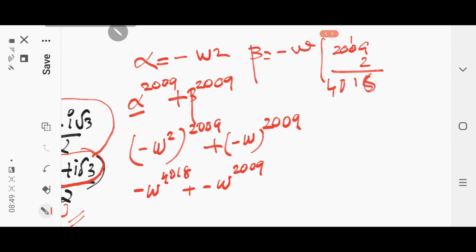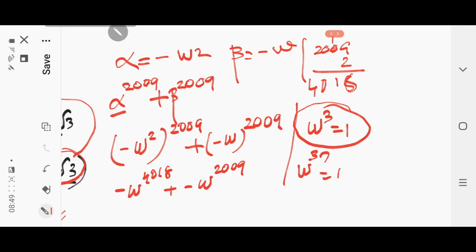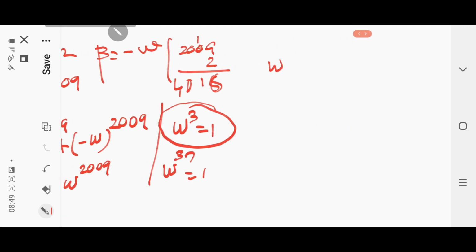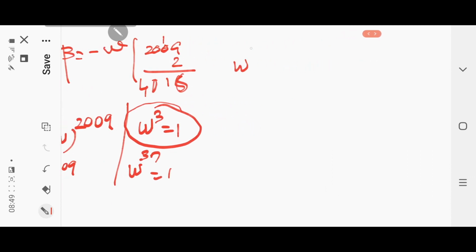What is omega raised to 4018 means? Again, as per the cube roots of unity, one of the results you studied is omega cube is equal to 1. That means omega raised to multiples of the power of 3 is 1. Therefore, in order to find omega raised to higher powers, I am doing an example to find omega raised to 278.